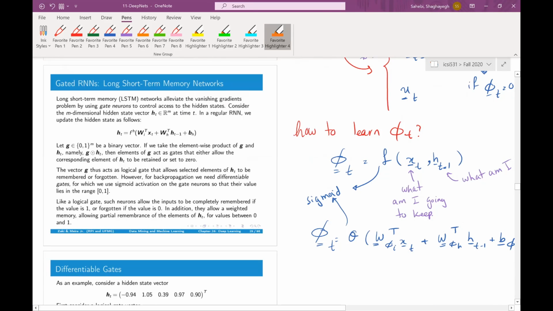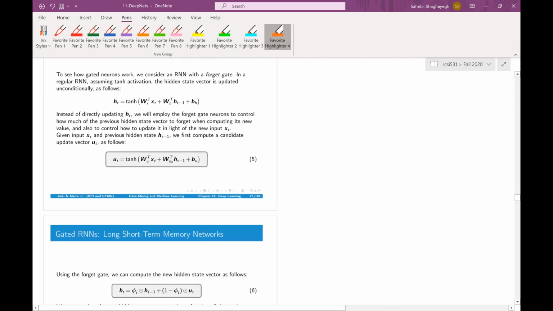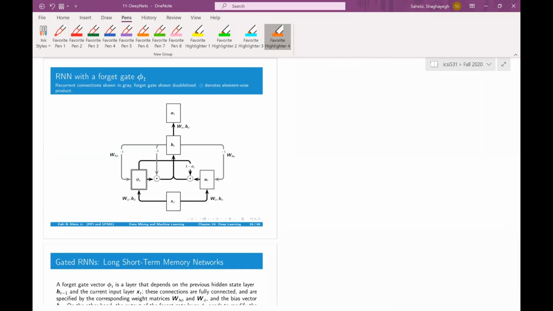Now let's see what this LSTM forget gate looks like inside the network. So the way that it looks like is like this picture.